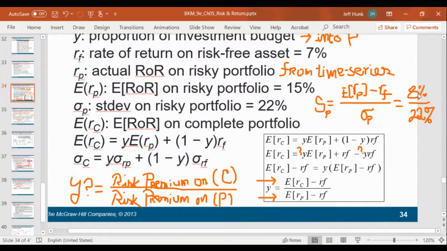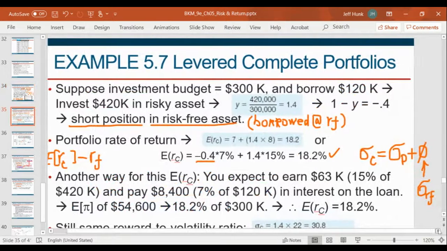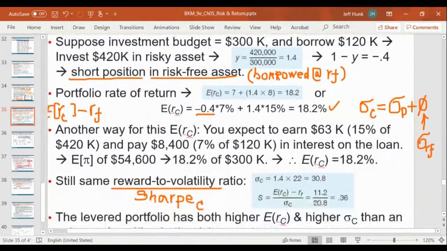Whether it is 8 divided by 22 or 11.2 over 30.8.